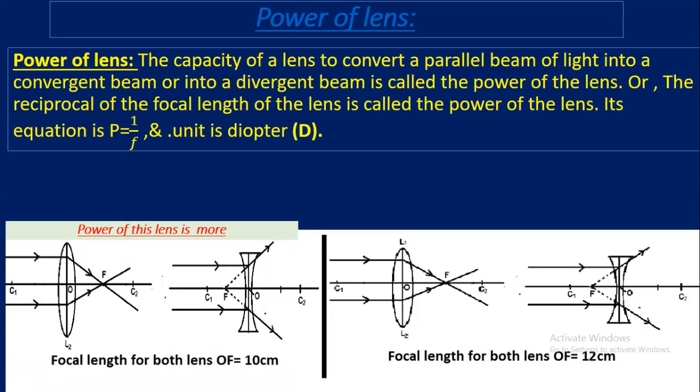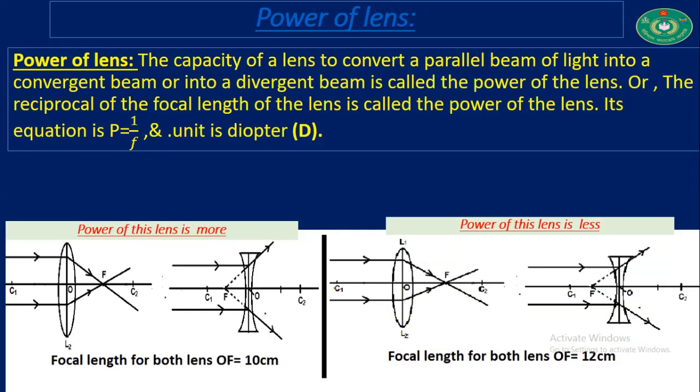Here the power of the lens is more, because the value of f is less than the other, and here the power of the lens is less because the focal length is greater than the previous one. I hope you can differentiate between both these diagrams. If the focal length is less, then the power will be greater, and if the focal length is greater, then the power will be less.